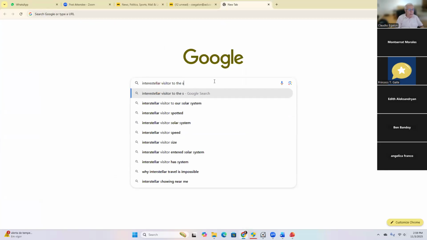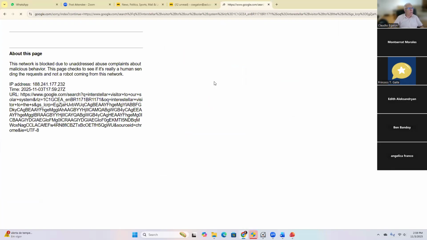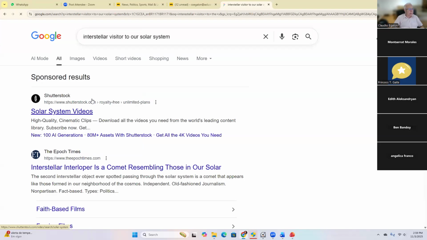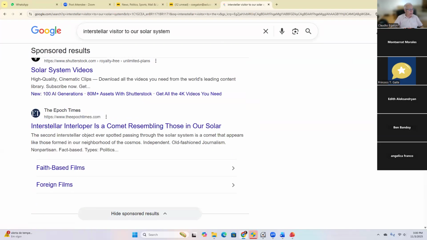There were only 3 detected so far. And the latest one is the 3I Atlas. 3 stands for the 3rd visitor, I stands for interstellar, and Atlas was the system that detected the visitor recently.